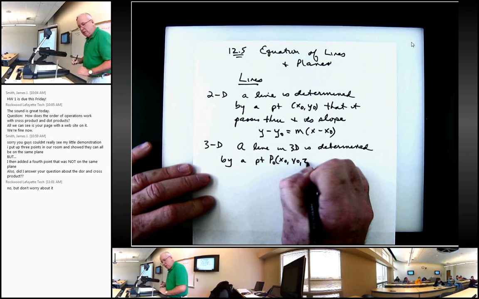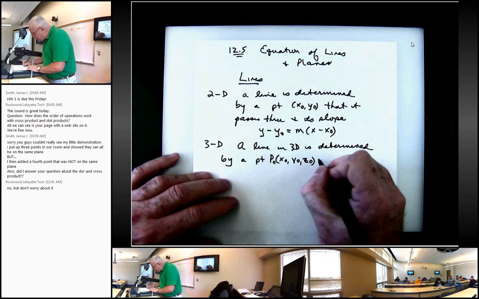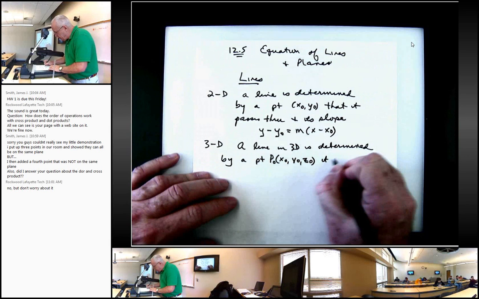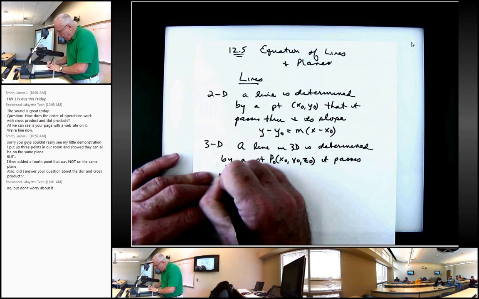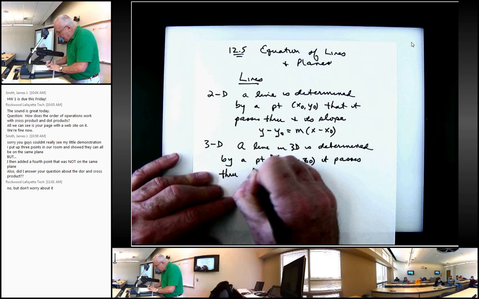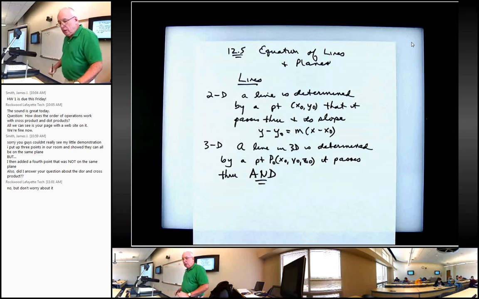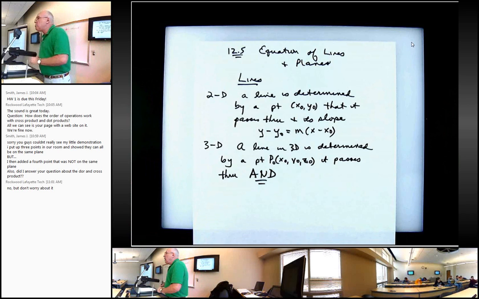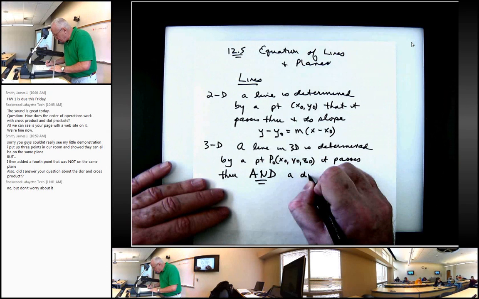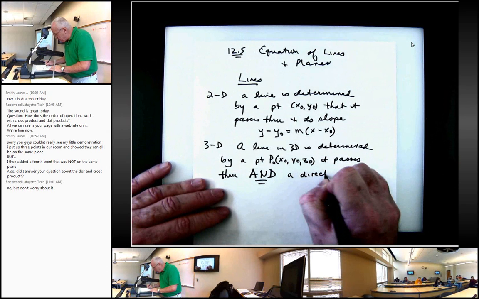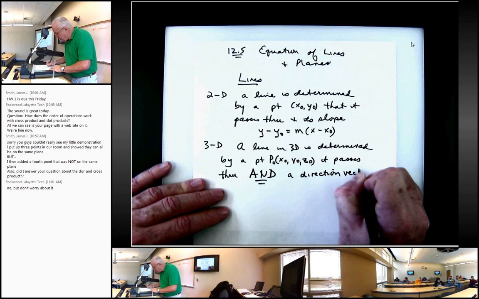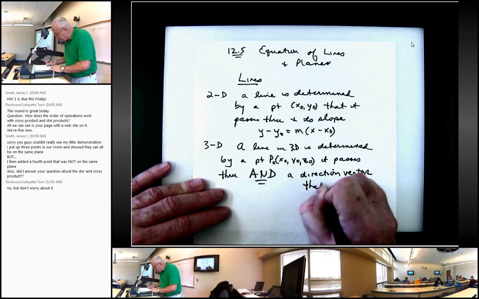It has 3 coordinates. It's determined by a point it passes through, and a direction vector that is parallel to the line.